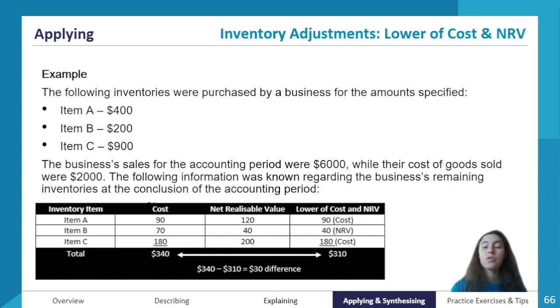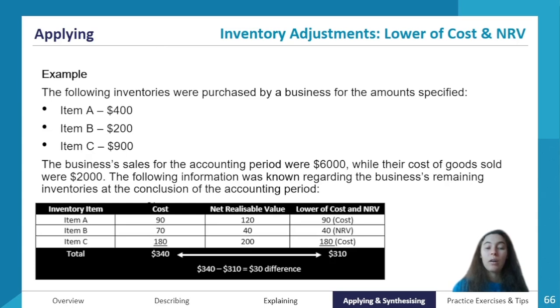So in that last column, you can see we're identifying which one is lower out of NRV and cost. So in this first example for item A, it's cost $90, and that's what we record. Item B, the lower one is NRV, so the $40 is what we record. And then again, cost is lower for the last one, so that's what we record.